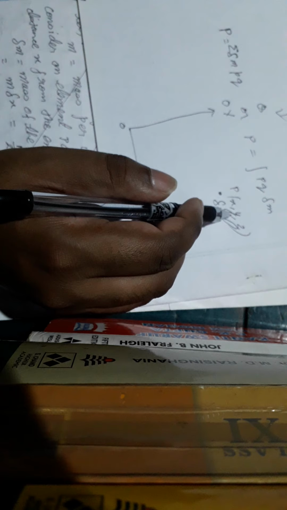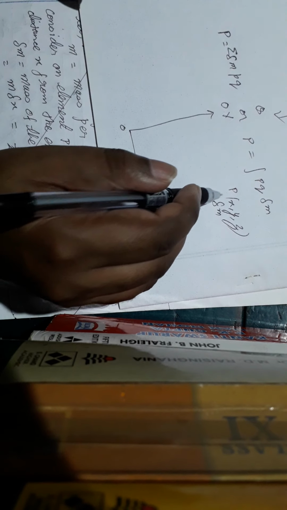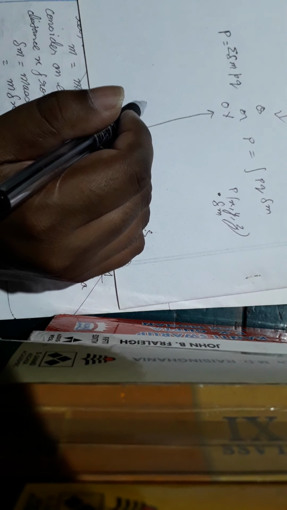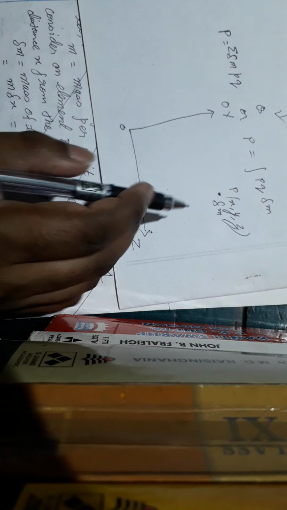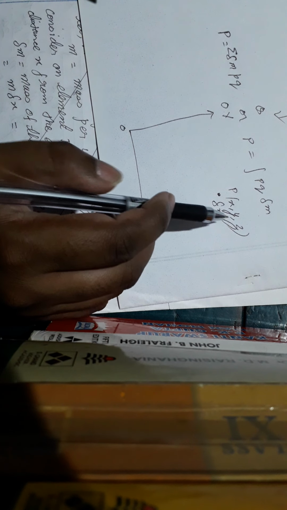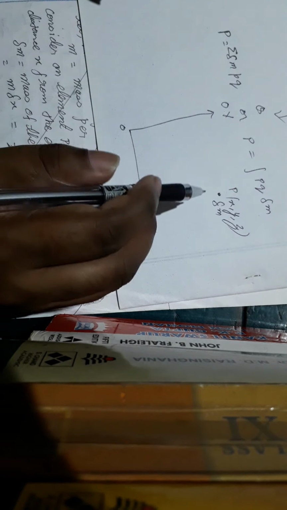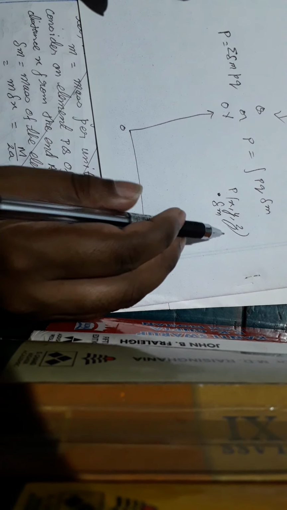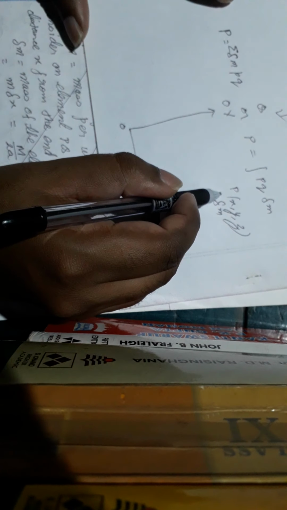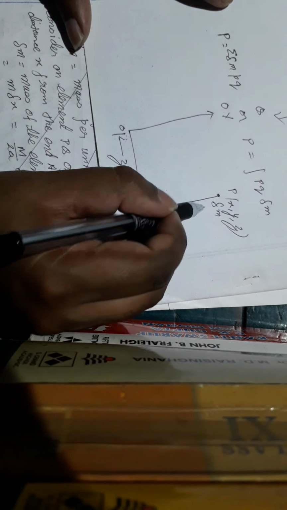In the same way, y is the distance along the y-axis, and in the similar manner, z is the distance along the z-axis. If I draw this perpendicular distance, this distance is given by z, and this distance will be y.